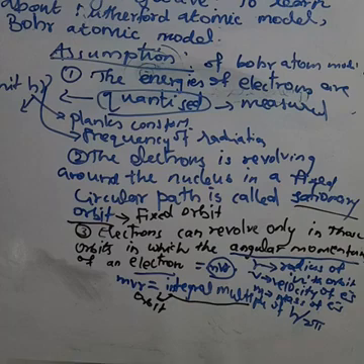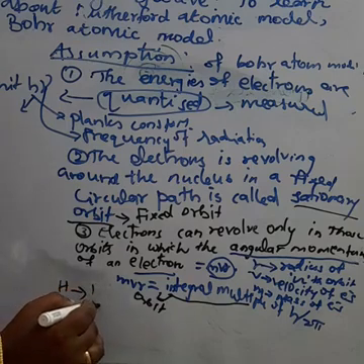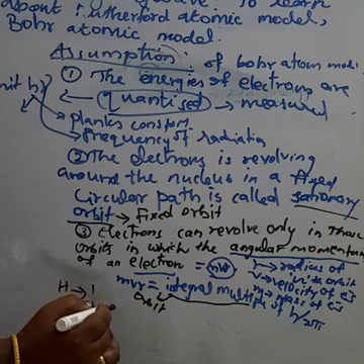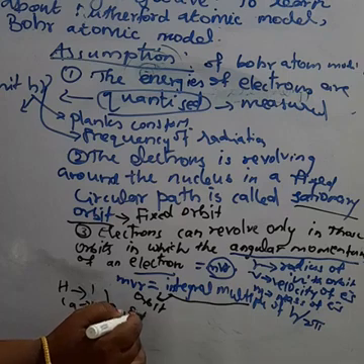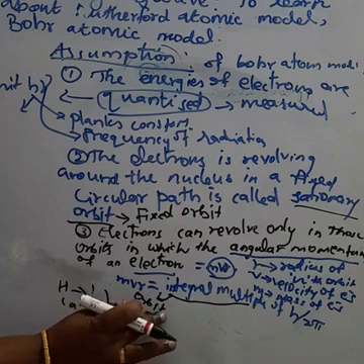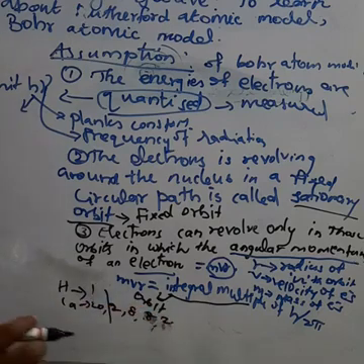For example, the hydrogen atom has only one orbit, but calcium has atomic number 20, so 20 electrons. How many orbits are there? 4 orbits. How are electrons filling in the orbits? 2, 8, 8, 2. These are about calcium.